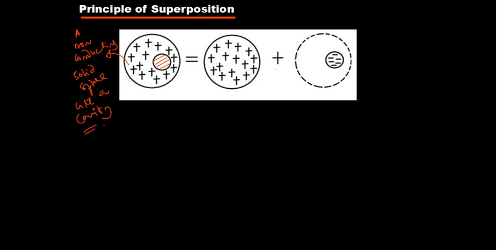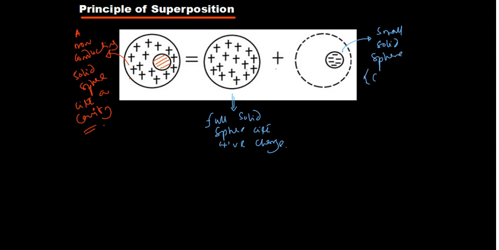So this situation is analogous to a full solid sphere with positive charge, and a small solid sphere, whose dimension is equivalent to the dimension of the cavity, with negative charge.